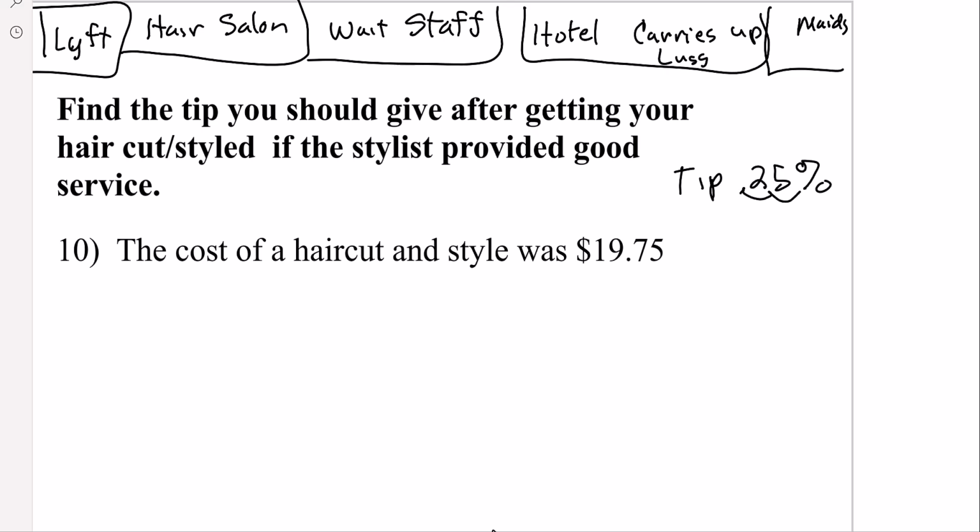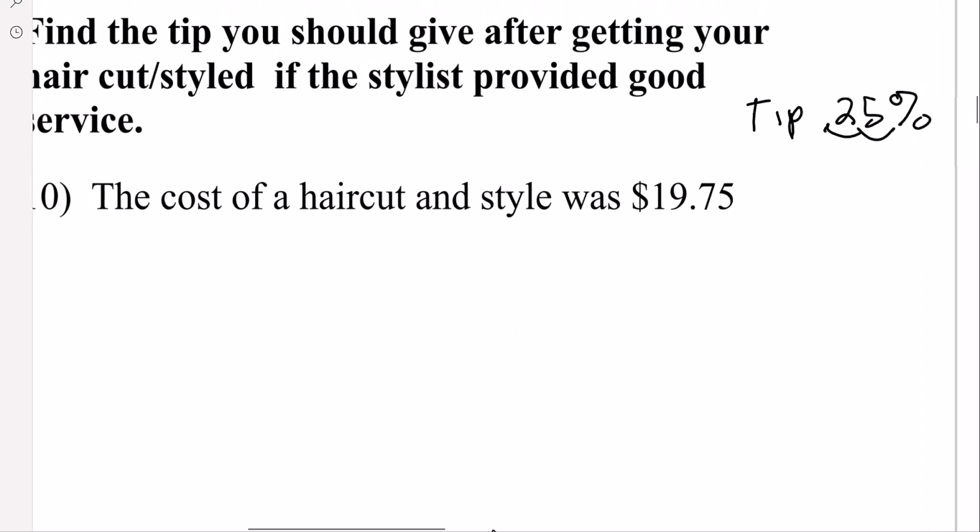So we just multiply this amount by 0.25. We take our $19 amount we have to pay, and we're going to times it by 0.25.